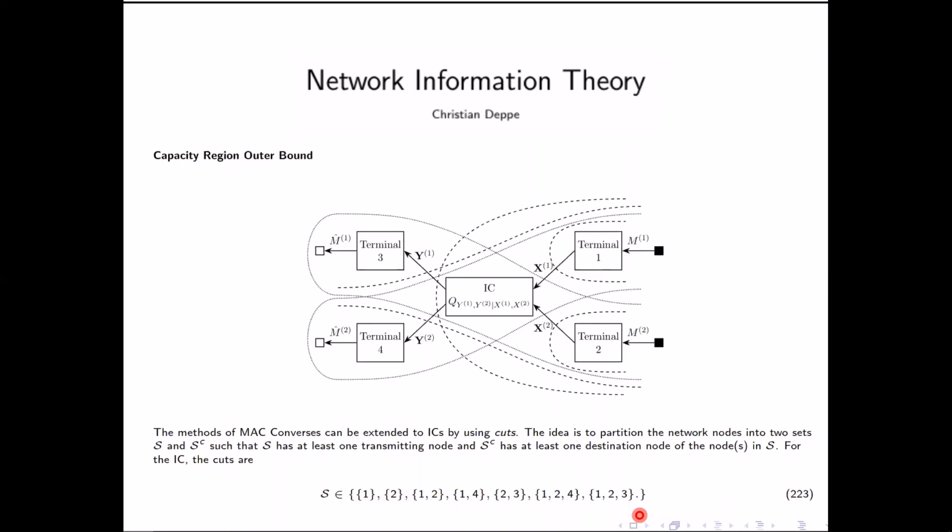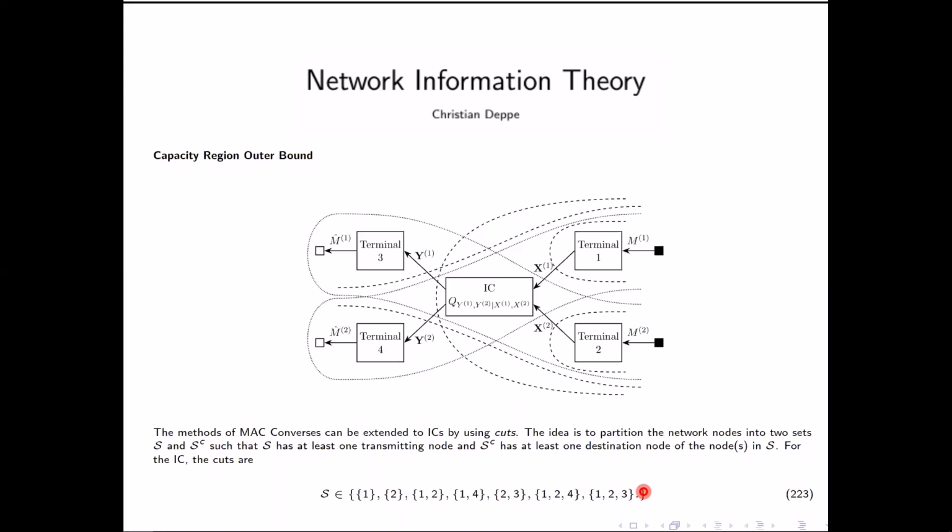And if you check now whether it's always true: terminal 1 gets some message M1, and of course the rest has an estimate of this message. The same is true for terminal 2. If we take these two together, then of course the same is true, and the rest wants to have an estimate here. If you take 1 and 4 together, then again the rest makes an estimate of this, and so on. And you can test all these things.